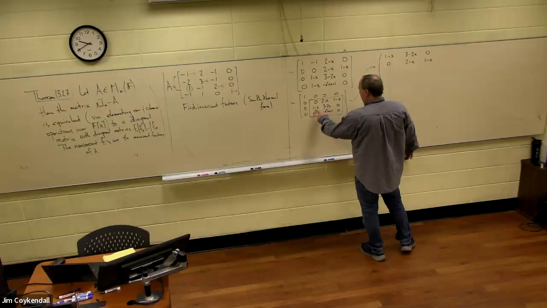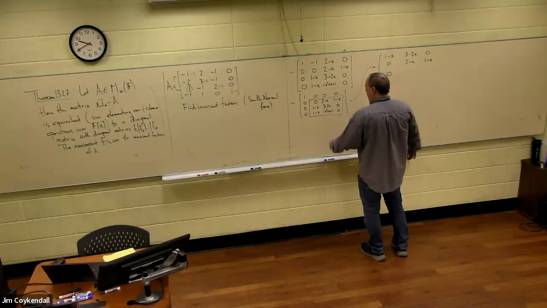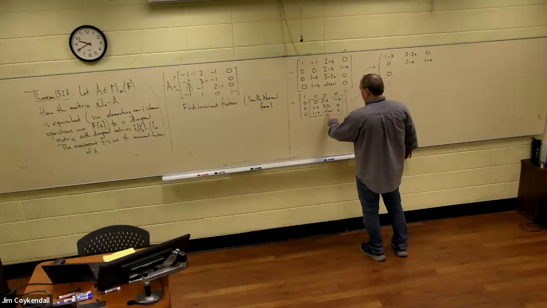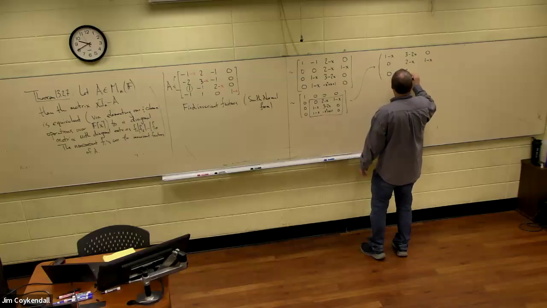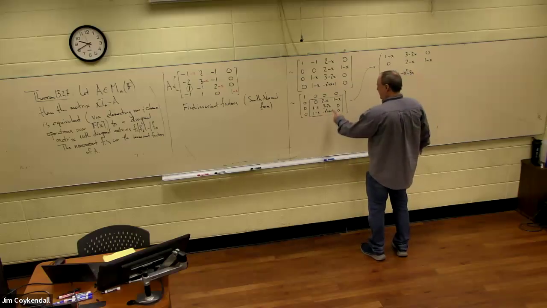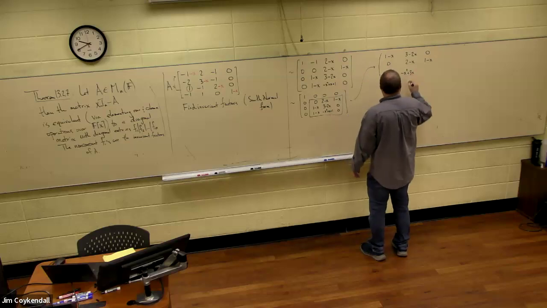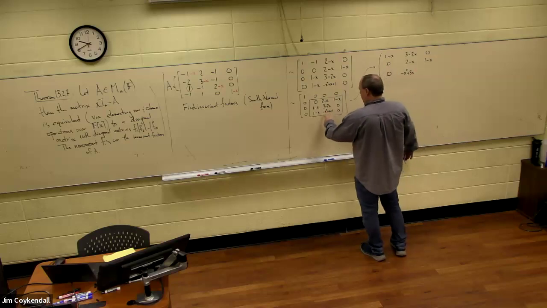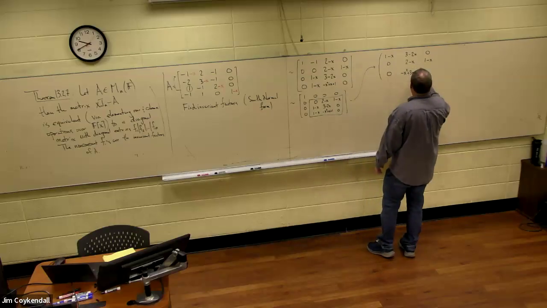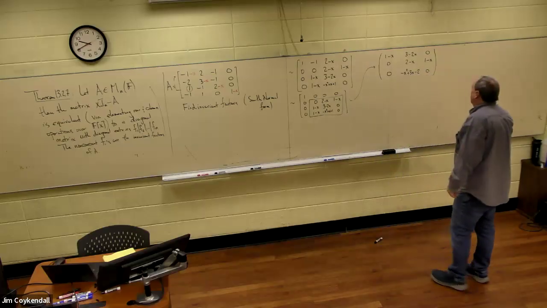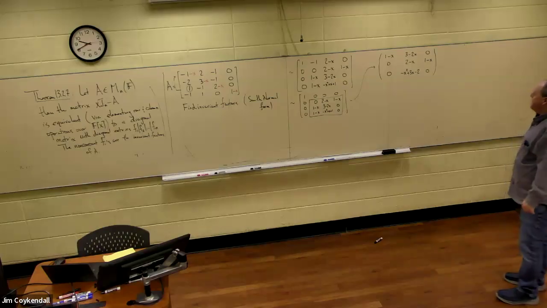And here, I'm gonna multiply by -1 and add here, so that's gonna be a 0. Times -1 and add, so that's going to be minus x squared minus 3x. I'm sorry, plus 3x. That's going to be minus 2. Everybody okay with that?